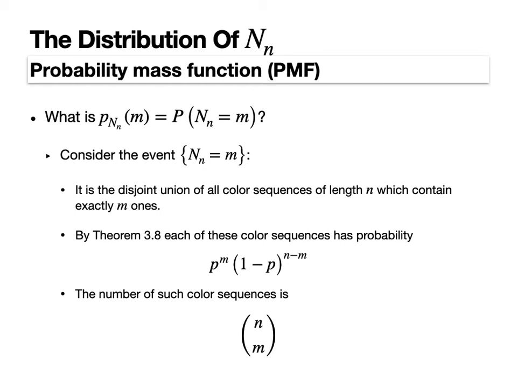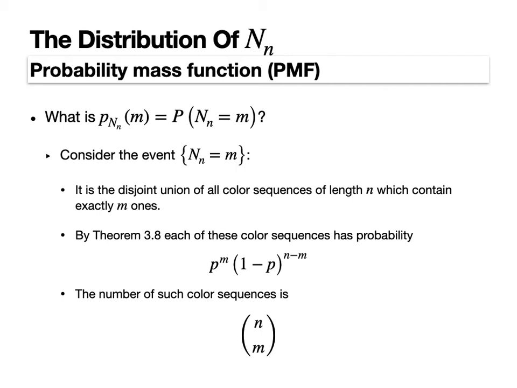And they have exactly m 1s in them, and exactly n minus m zeros in them. So the probability of any one of those color sequences would be, according to theorem 3.8, p, our success probability, raised to the number of 1s, so that would be p to the m, times our failure probability raised to the number of zeros, and so that'd be (1 minus p) to the n minus m.